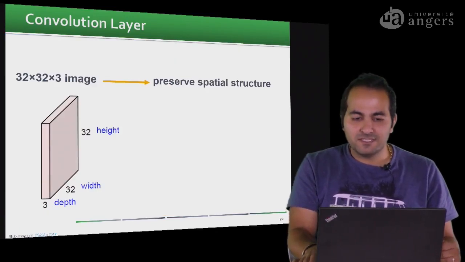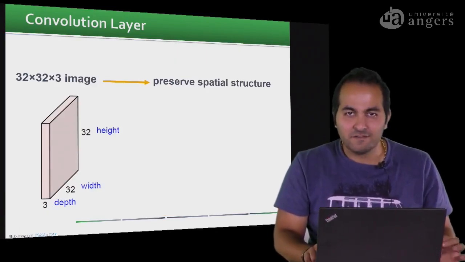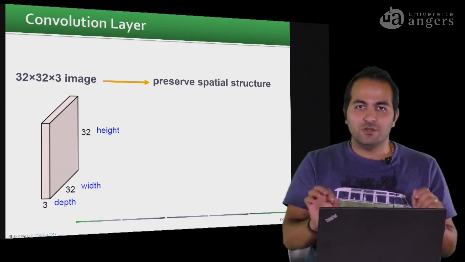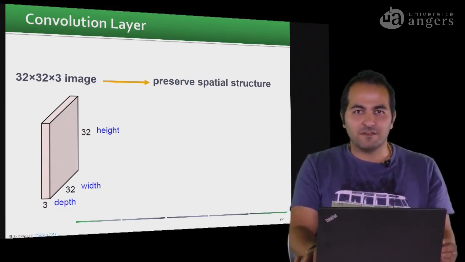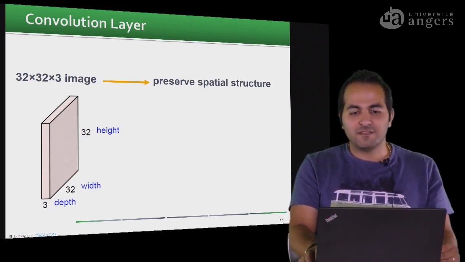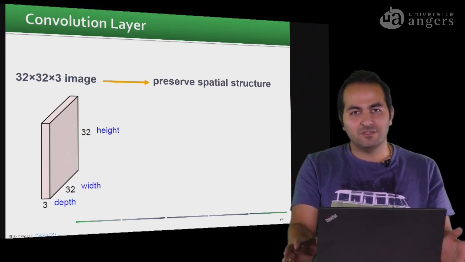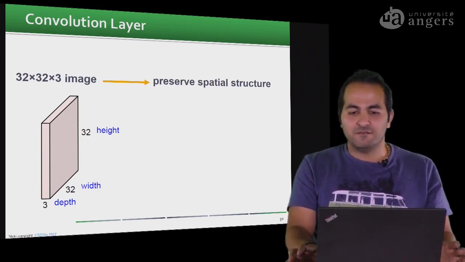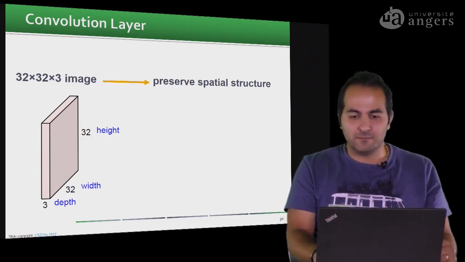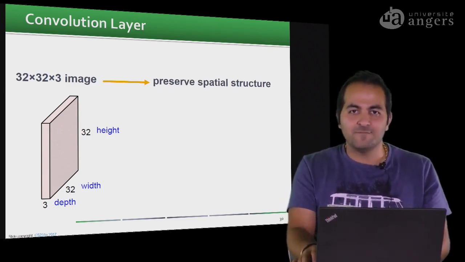For this, we can offer the convolutional neural network. We saw a picture of the whole convolutional neural network, but here we describe how it works. In the convolution layer, we work on the spatial structure.